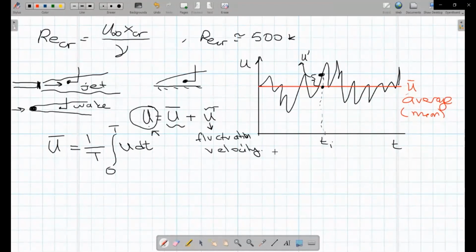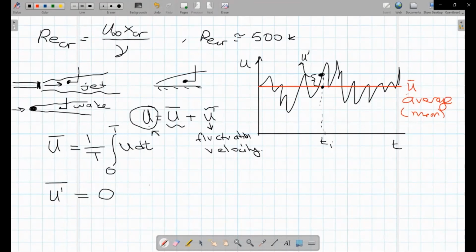One important mathematical property of the fluctuating velocity is that the time average of the fluctuating velocity, as you can also see from the sketch, is equal to 0.